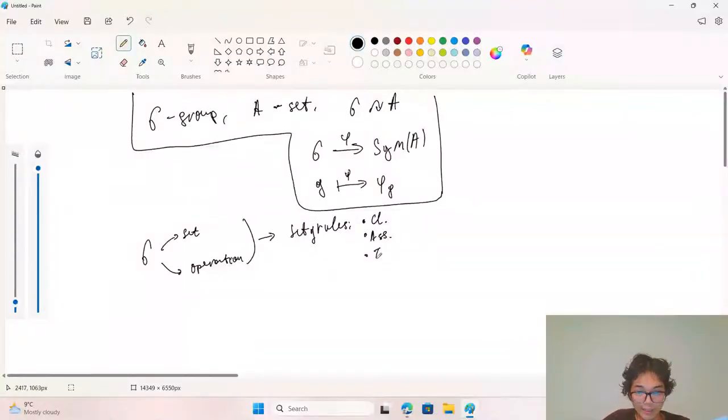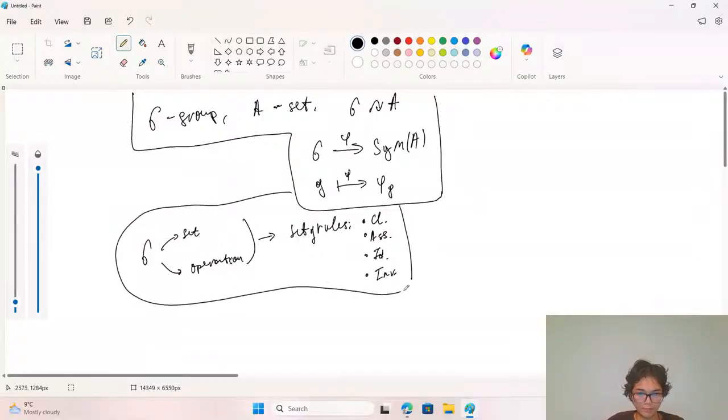Having an identity, and also, what was it? And inverse, of course. It must follow these four laws to form a group from the set.